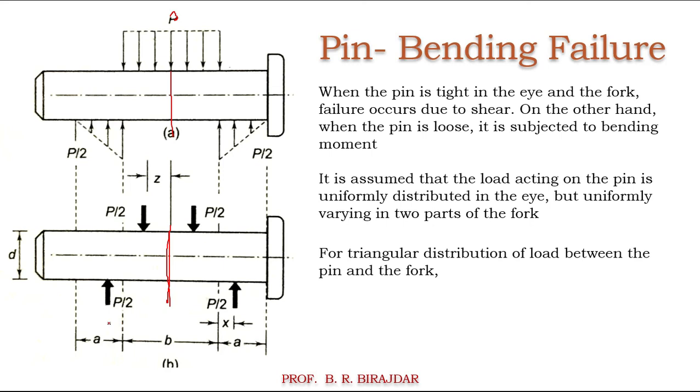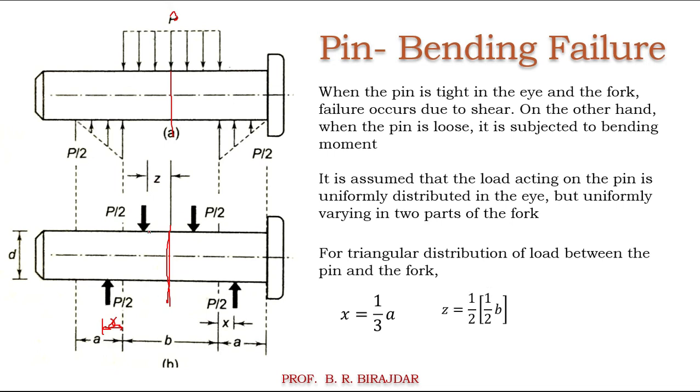So there are two forces on the left hand side, and we will take moment at this axis. If this distance is x, from the higher end it is 1/3, and from the lower end it is 2/3 of the distance, so x is 1/3 of A.